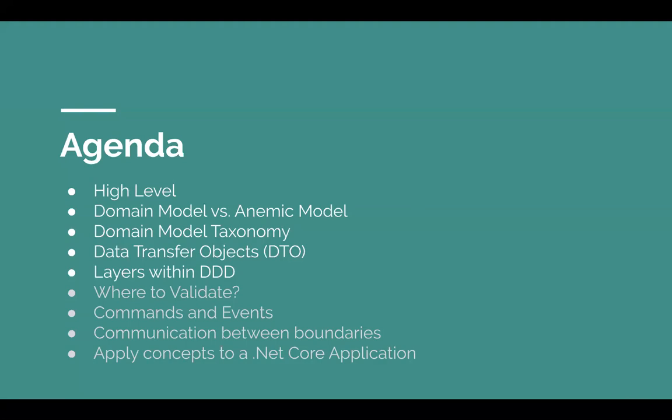We'll talk about commands and events and how those are part of, or can be part of, the domain model. And then the expectations we have on communicating between boundaries. Some of these things have been touched on a little bit in previous COPs that the development strategy lead has done.